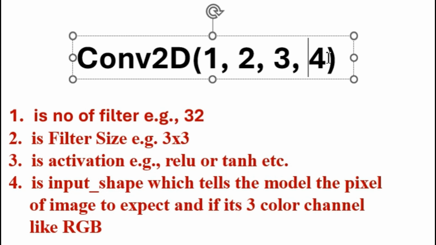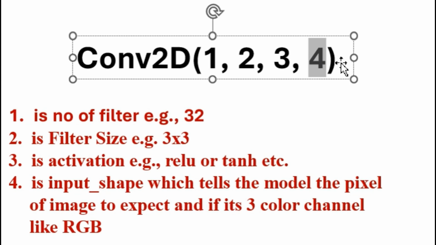Then the fourth one, finally, is to specify the input shape. This is really important because it tells the model what kind of image to expect. The model is just there, it doesn't know what it's expecting. So when you specify this, it tells the model the width of the image, the height of the image, and the number of color channels of that image.